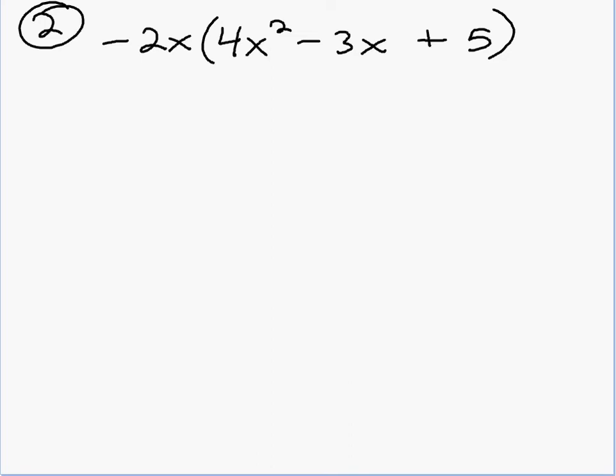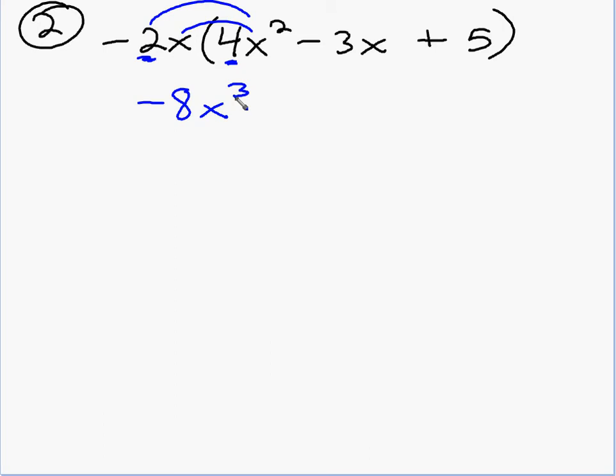So when I'm multiplying this first term by what's on the outside, I have to multiply the coefficients first. So what's negative 2 times 4? Negative 8. So this first one will be negative 8 x to what power? Well, what is x times x squared? It's x to the third, or x cubed.